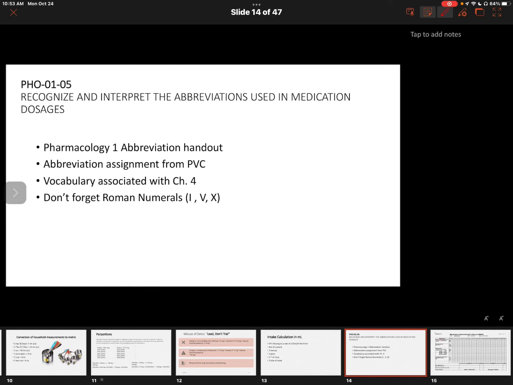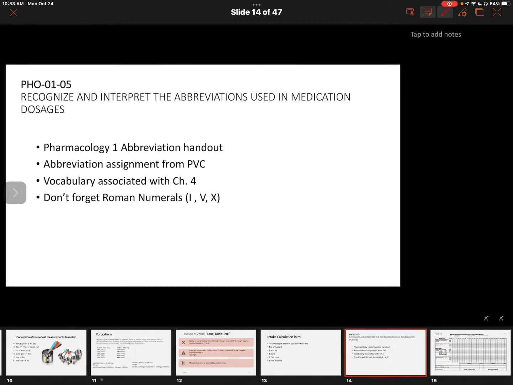There is vocabulary that is associated with Chapter 4. So all of the vocabulary terminology that is in front of Chapter 4, you need to know the definition to. On day 2, I do a show and tell of all of the vocabulary so that you can associate.